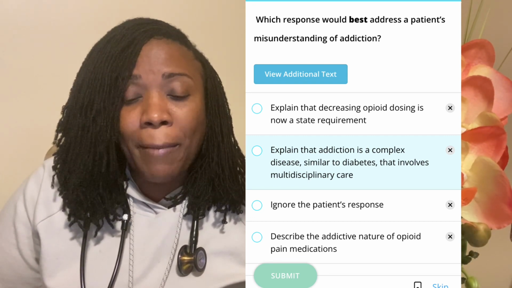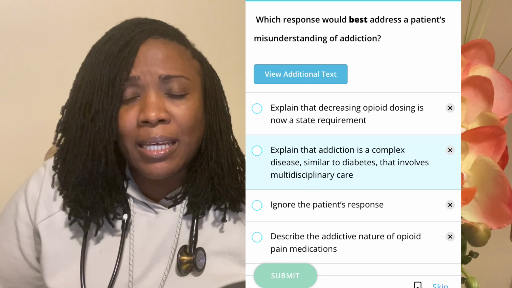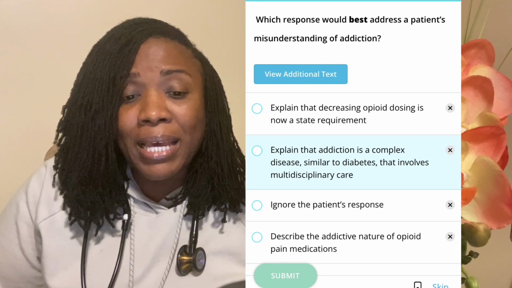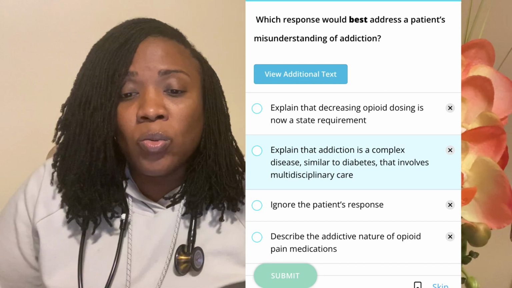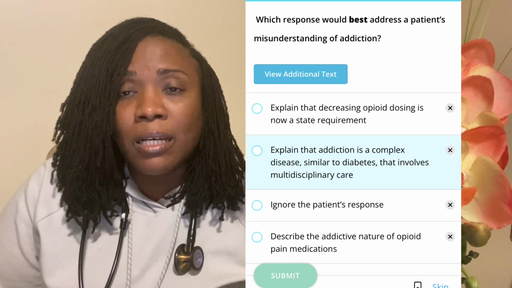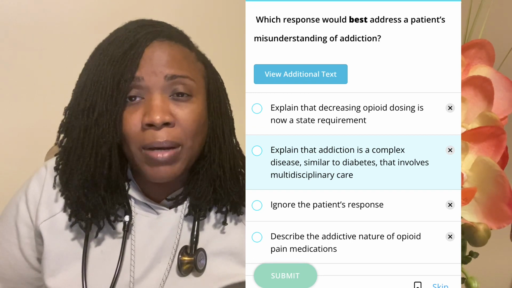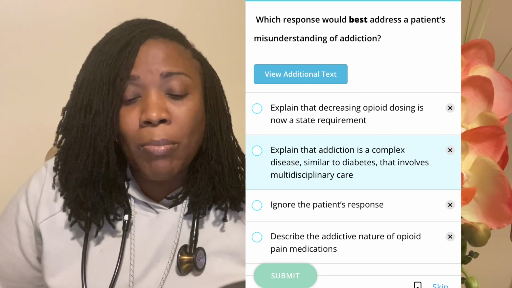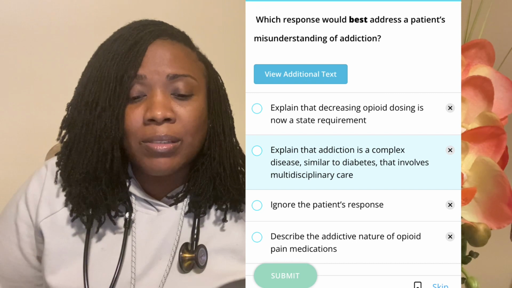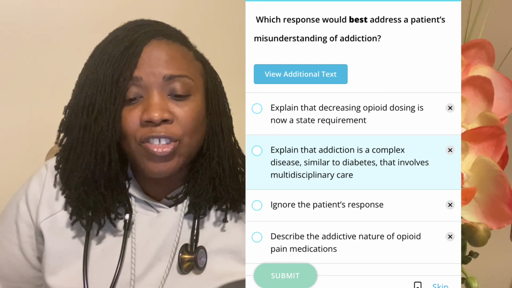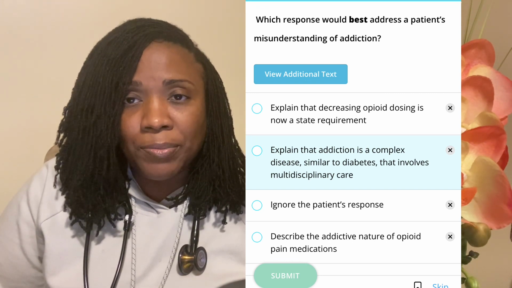You just want to know what the best option is for addressing a patient's misunderstanding of what addiction is. So I'm going to start from the bottom, because I tend to like to start from the bottom just to omit as I work my way up. The first option says, describe the addictive nature of opioid pain medication.